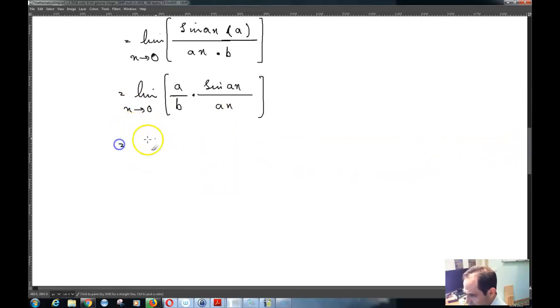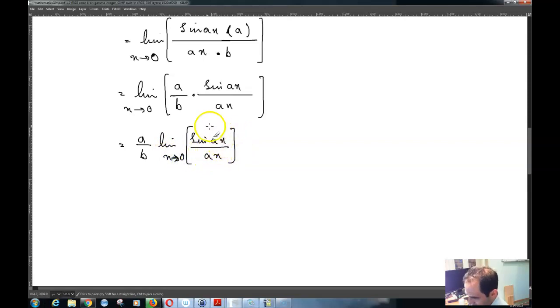This a over b is a constant, so I can take it out: a over b times the limit of sine ax by ax as x tends to 0.